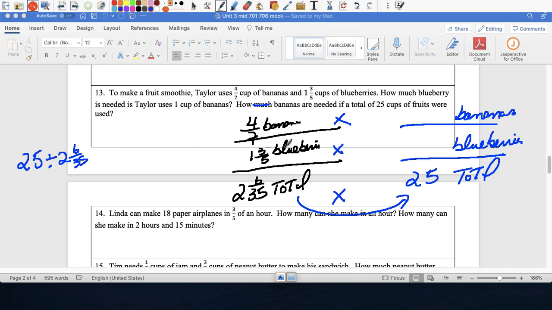If you do that, you're going to get 1139 over 76. Which means everything else is also going to be times the same factor. So let's multiply that times 4/7.